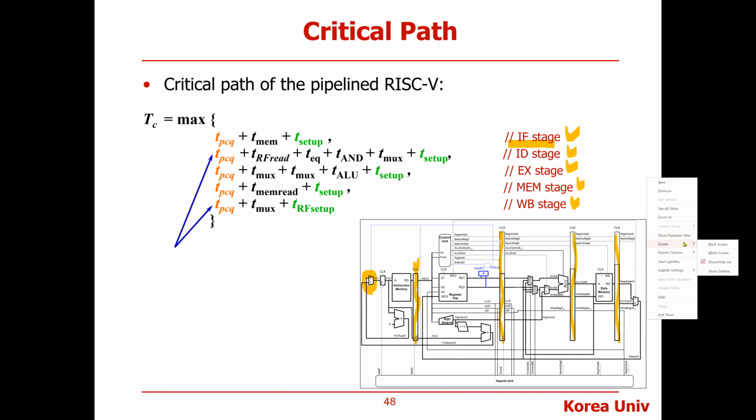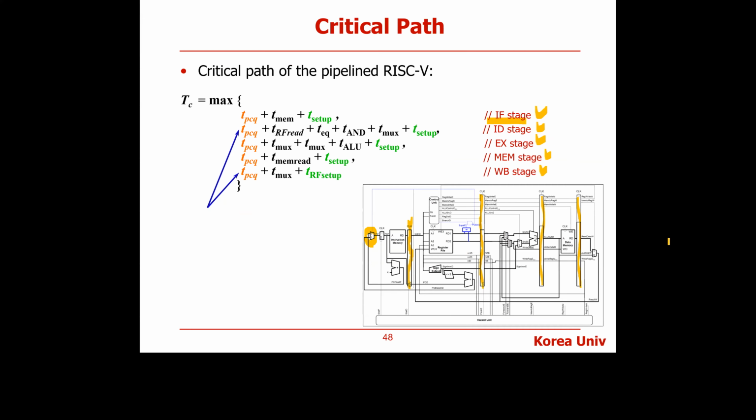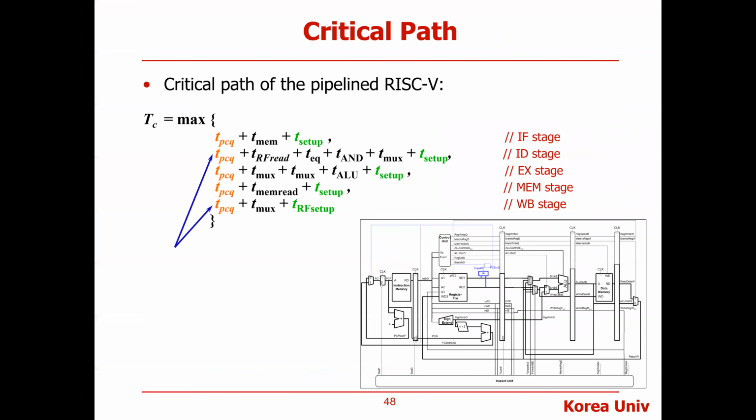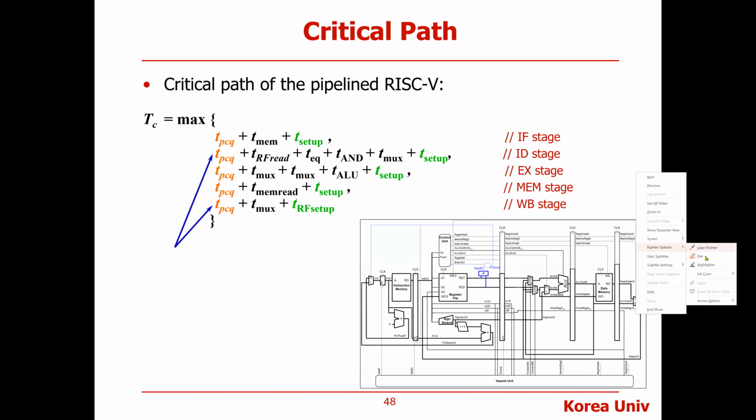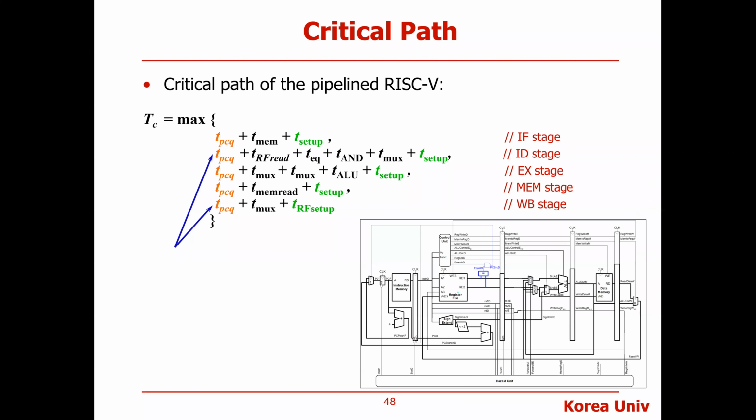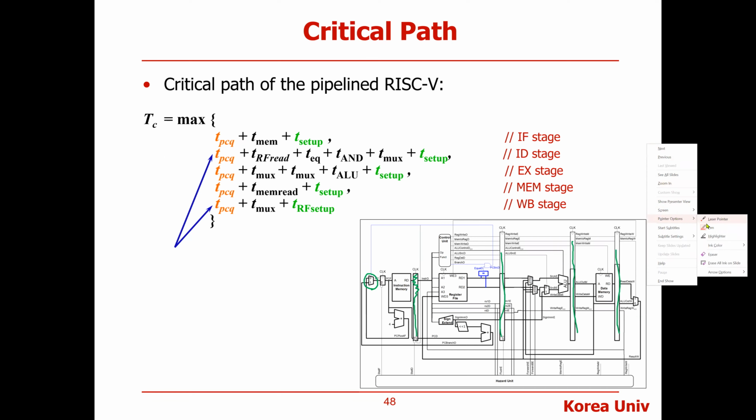Better to use a thicker pen. Okay, we have a pipeline register here, and this one, and here, this one, and this one. So we have to evaluate the delay of each pipeline stage, starting from instruction fetch.